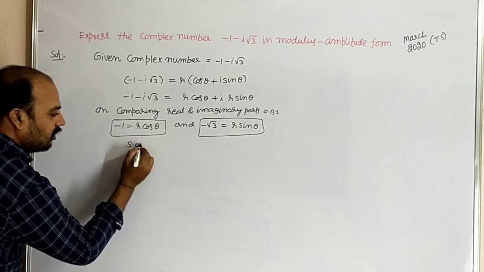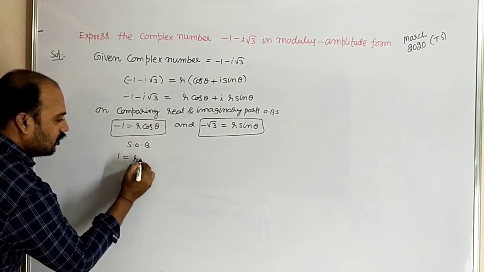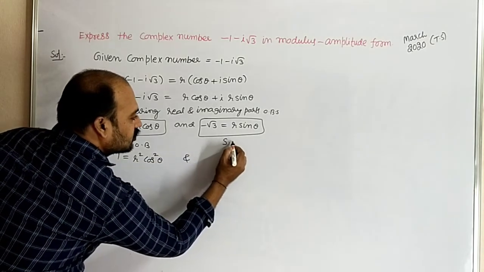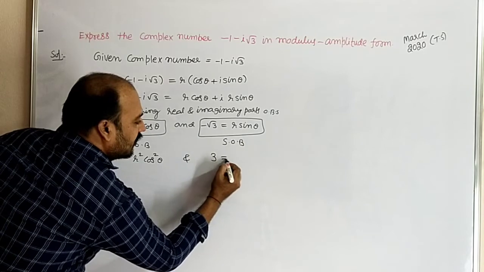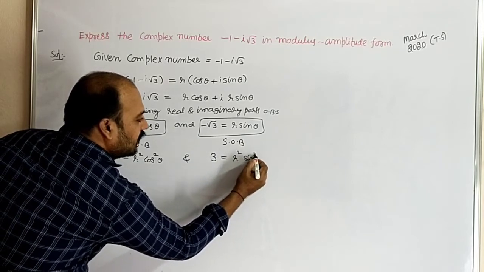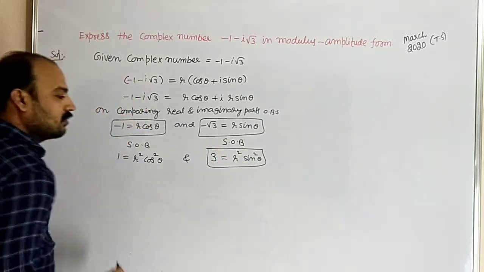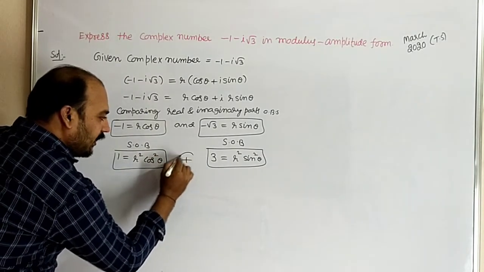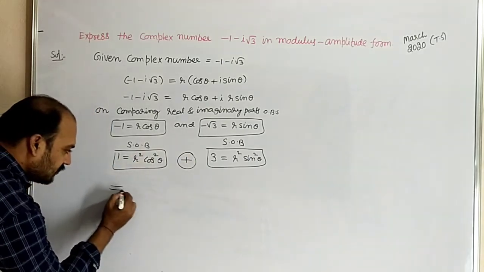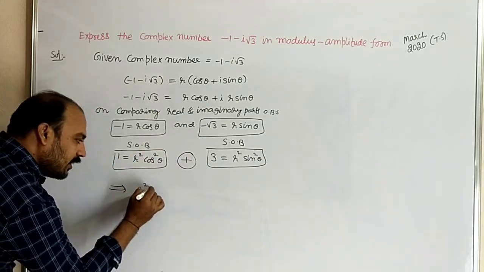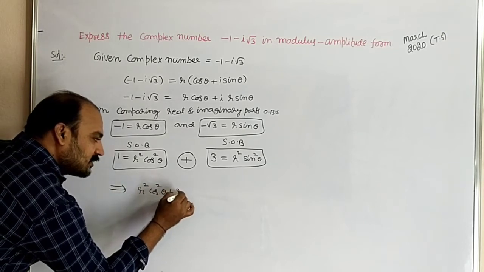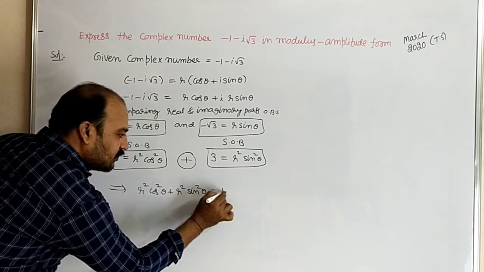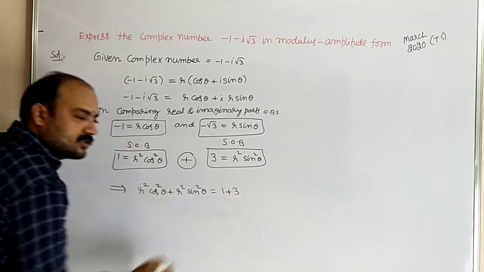Squaring on both sides, 1 is equal to r square cos square theta, and 3 is equal to r square sin square theta. After squaring on both sides, you have to do that addition. That implies r square cos square theta plus r square sin square theta is equal to 1 plus 3.